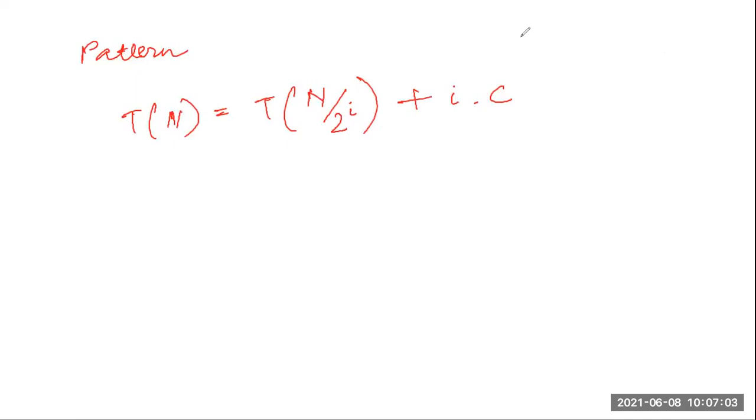Yes, ma'am. So as this term will diminish, we will reach a time when there is only one element. First, I started with n by 2, then n by 4, then n by 8, then n by 16, then n by 32.